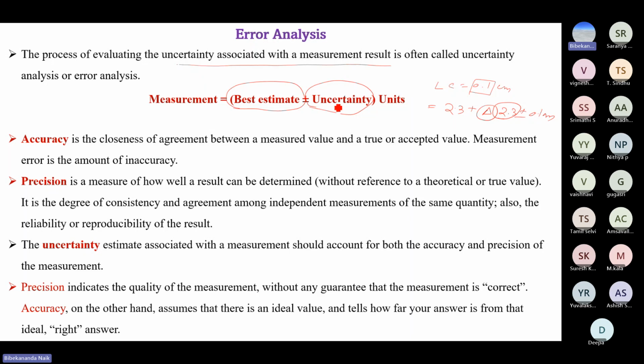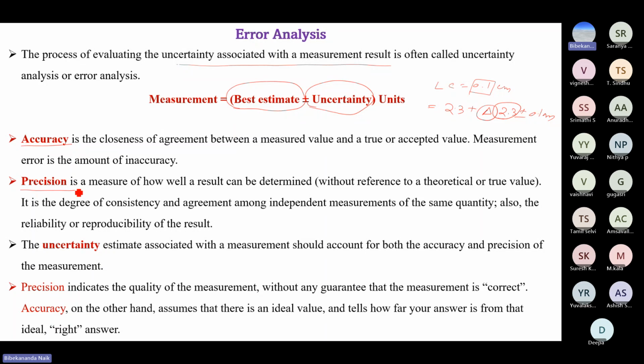When you talk about error or uncertainty, there are two concepts related to them: accuracy and precision.